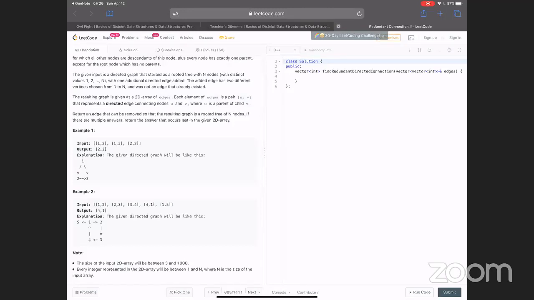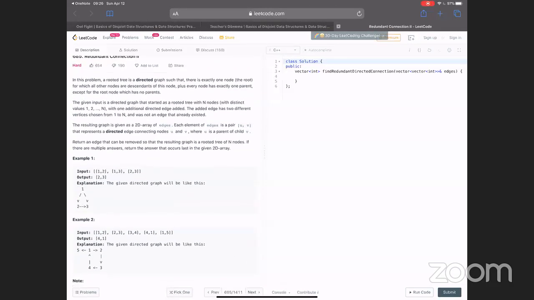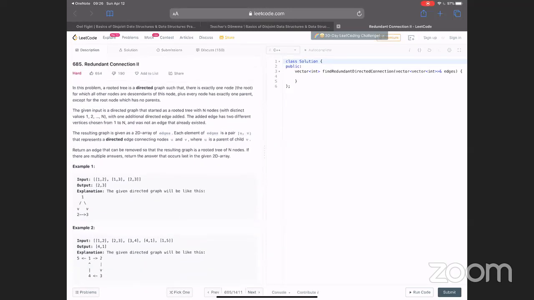If we break between 2 and 3, then 1 wouldn't be able to go to 4, right? So I did not say it correctly. The problem says that a rooted tree is a directed graph, so basically we are going to make a tree structure out of the graph.